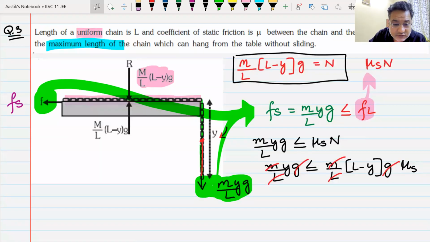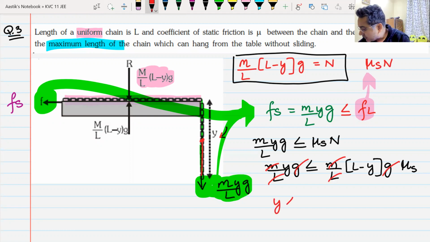So solving this, you should get the maximum value of y for which the chain can remain on the table, and you will get an inequality like this: y is less than or equal to mu L divided by 1 plus mu.